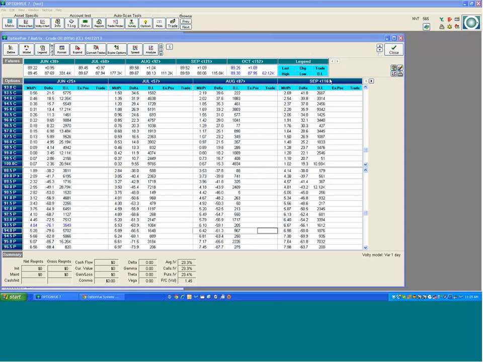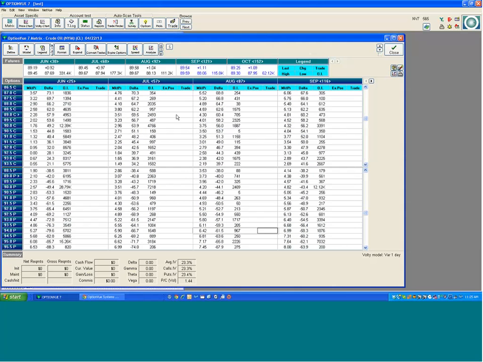So let's switch gears a little bit here, and let's talk about if you expect implied volatility to decrease, how would you structure a trade for a decrease? Well, it's exactly the opposite of what we were doing. If you were neutral on the market, you would go to the at-the-money strike, essentially the, let's say, the 89 strike, and instead of selling the front month, you would buy it, and then you would sell a deferred month.